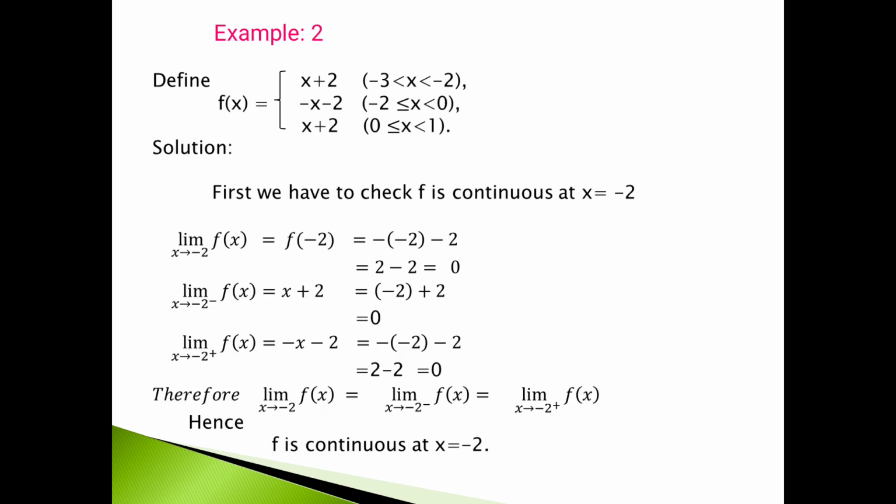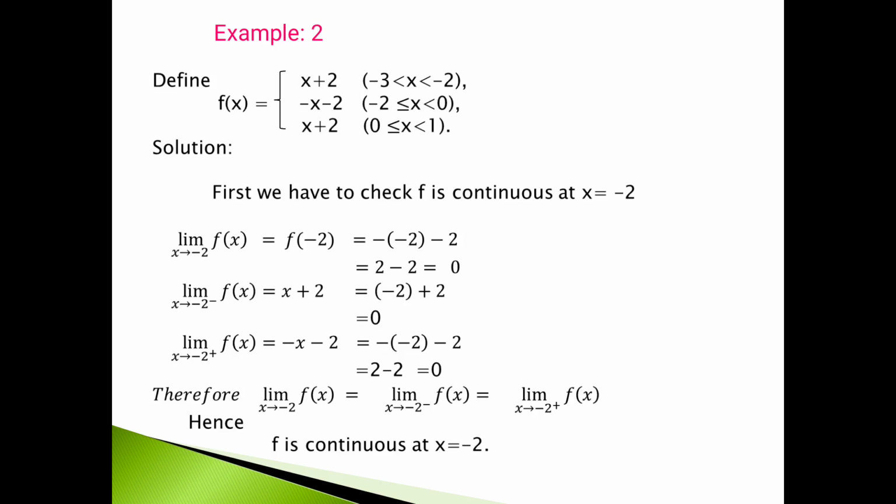Second, we calculate limit as x tends to minus 2 minus of f(x), which is nothing but the left hand limit value at minus 2. So we use the first function, that is x plus 2, which is equal to minus 2 plus 2, which is equal to 0. Third, we have to calculate limit as x tends to minus 2 plus of f(x), which is nothing but the right hand limit value at minus 2.